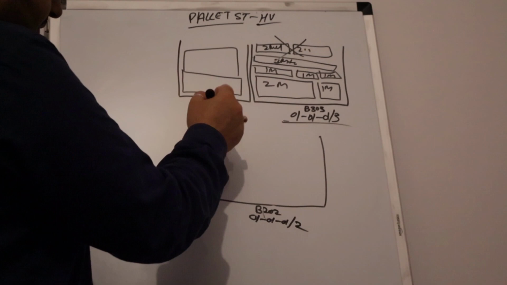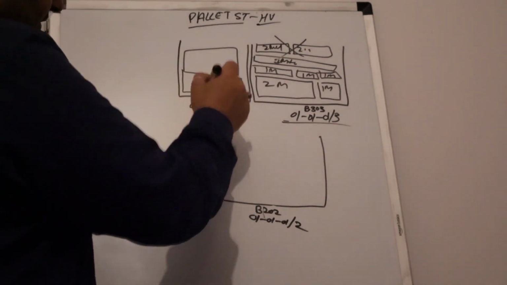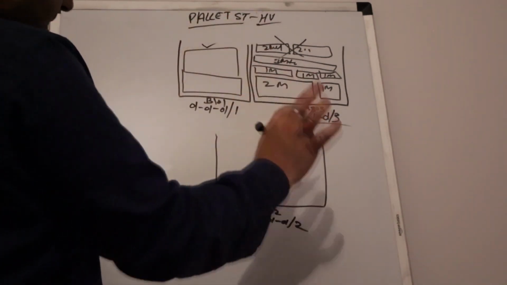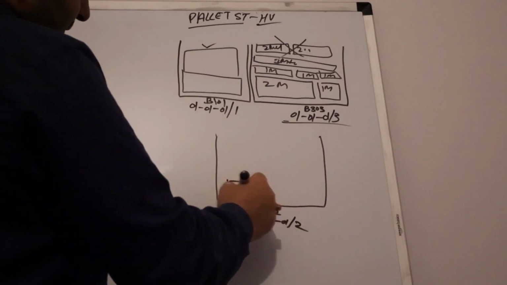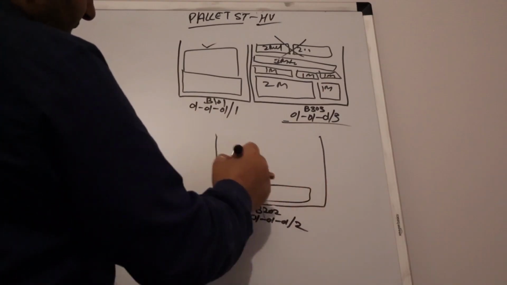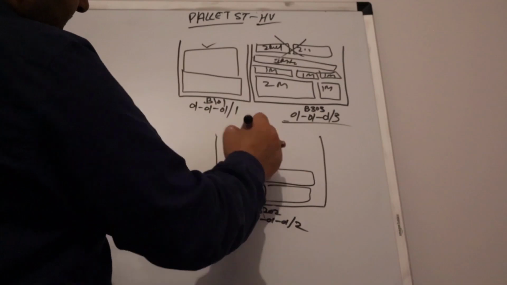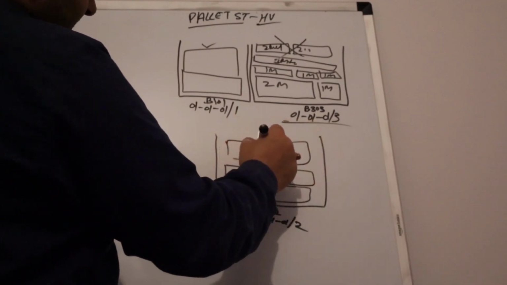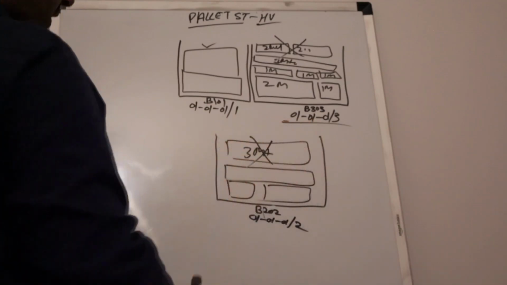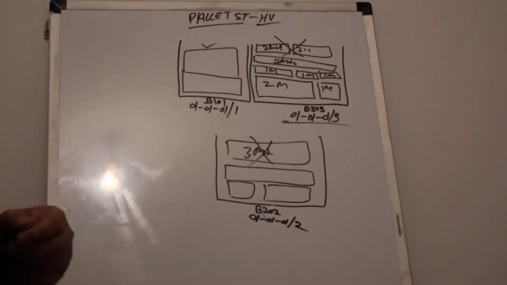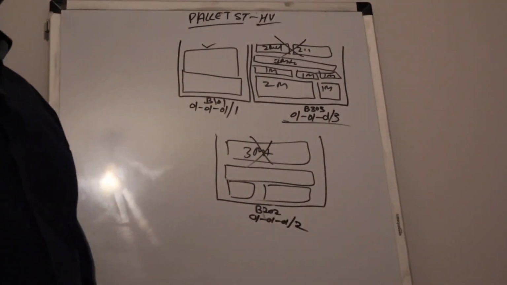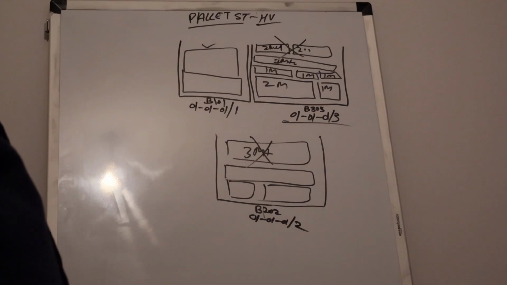In this bin can I put like 2 meter pallet, 3 meter? Not possible. Only it will hold 1 meter pallet. In the 2 meter bin I can put 1 meter 2 pallets, or 1 2 meter. Can I put here 3 meter pallet? Not possible. Okay. So this is the way to manage the handling units.